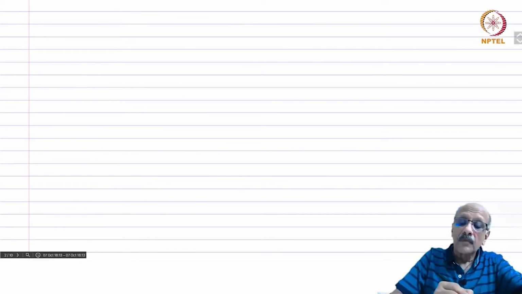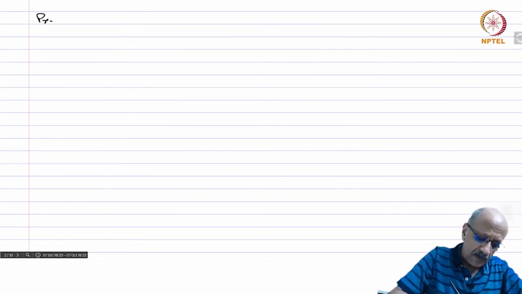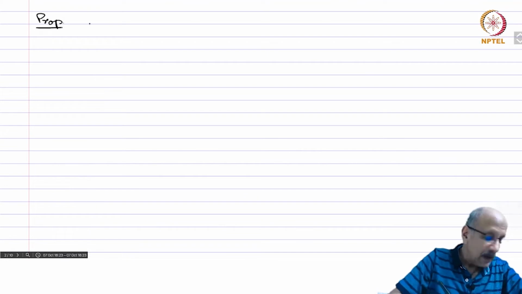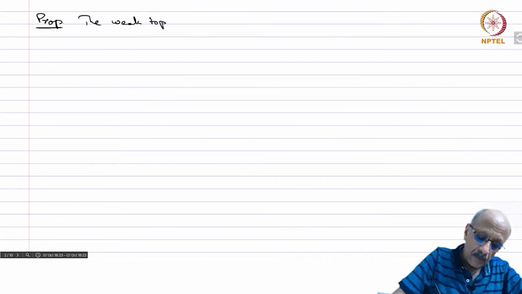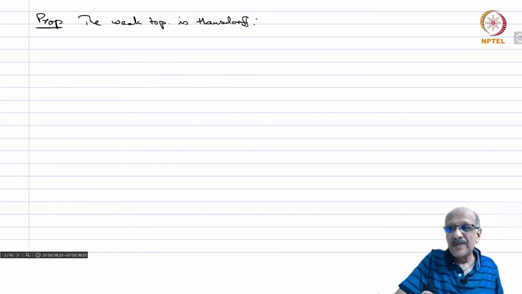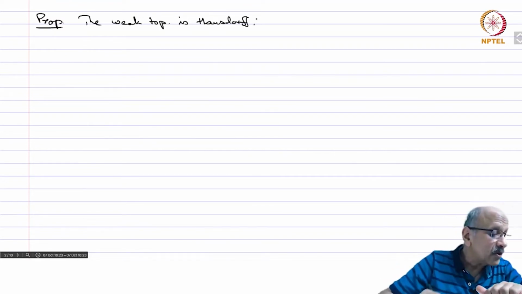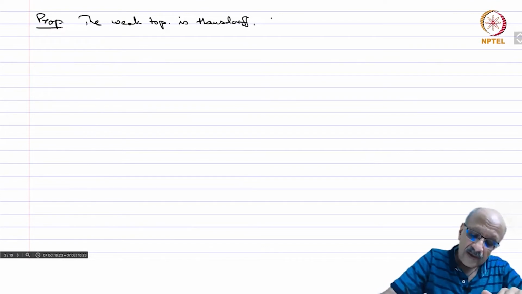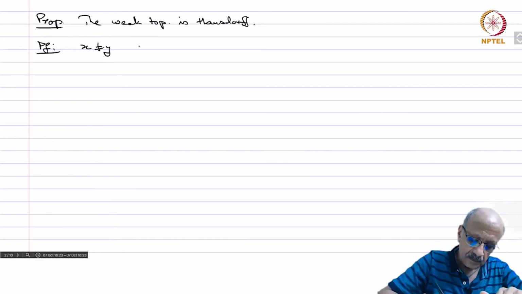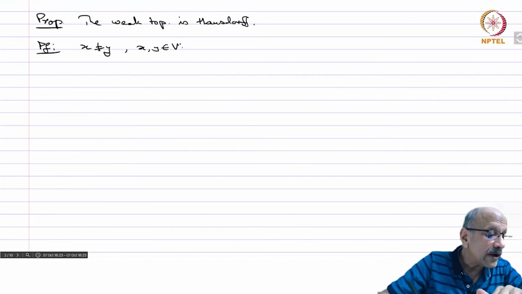So first proposition: the weak topology is Hausdorff. So it is important because when we defined even a topological vector space, we always wanted the topology to be Hausdorff. So let us take x, y in V. So we want to have disjoint neighborhoods.